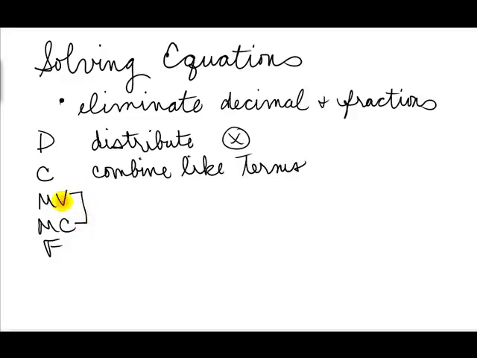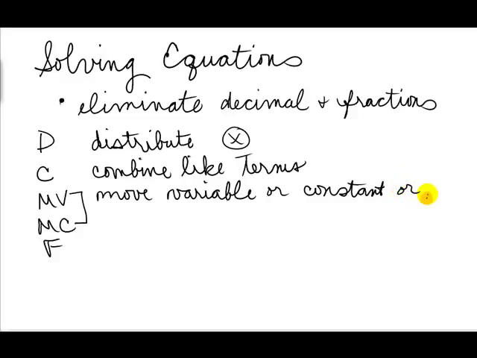The V is for variable, C is for constant, and what we're going to do, we're going to move the variable or the constant, or maybe both, depending on our equation, to the other side. Move the variable or constant or both to opposite sides.